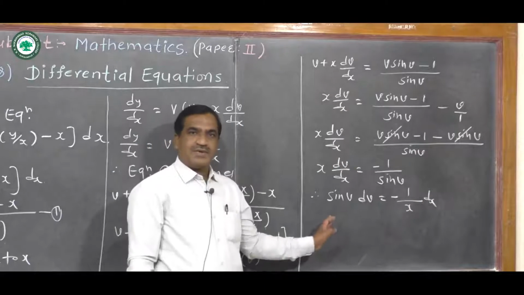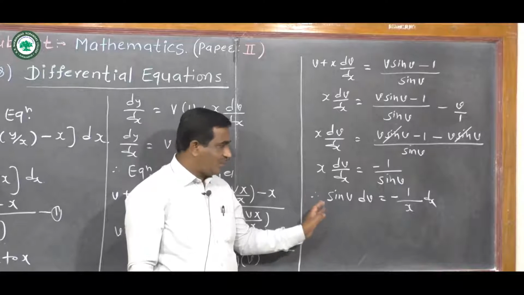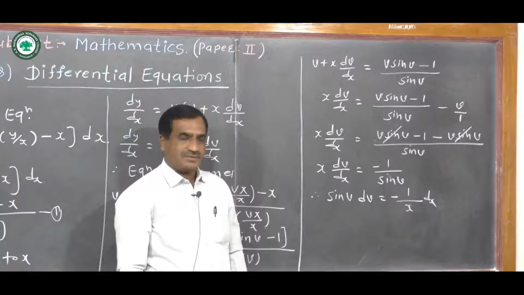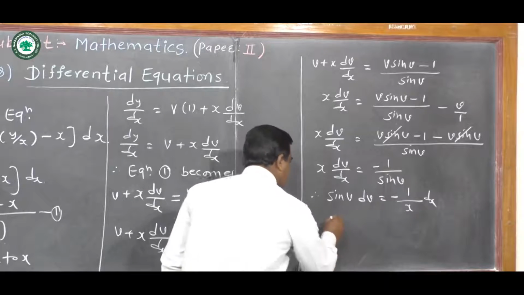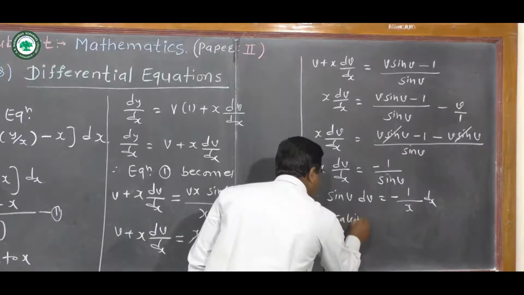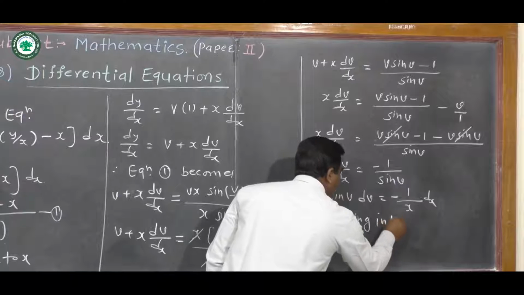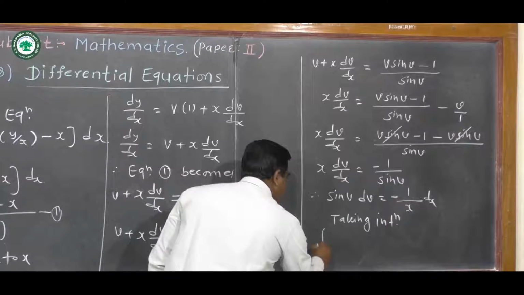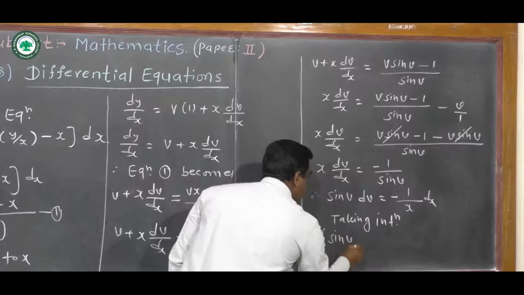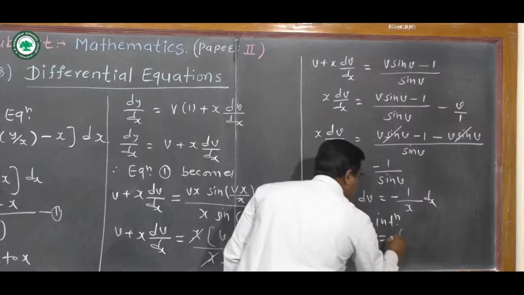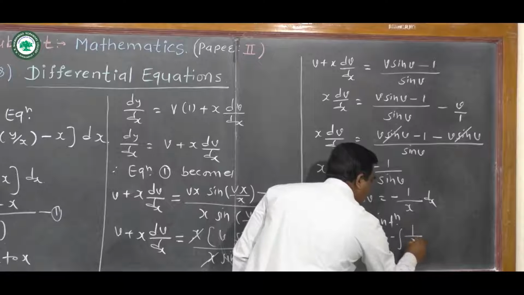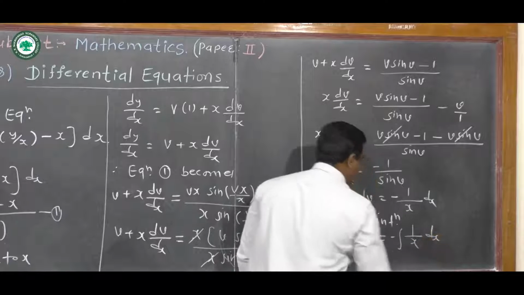Now this is the variable separable form of the given differential equation. Okay, now we can take integration here. Taking integration on both sides, we can write here integral sin v dv is equal to minus integral 1 upon x into dx.